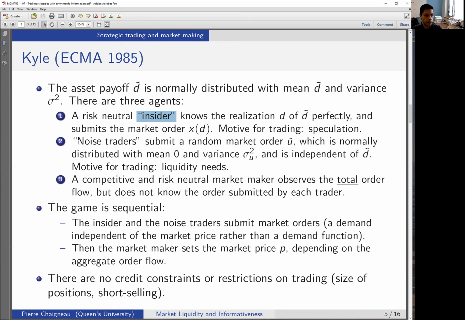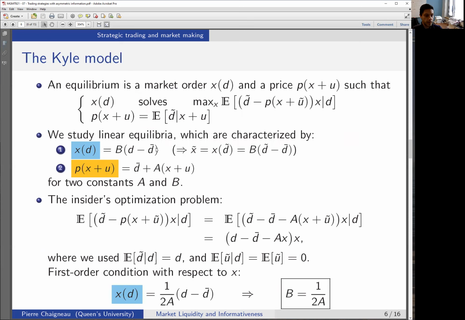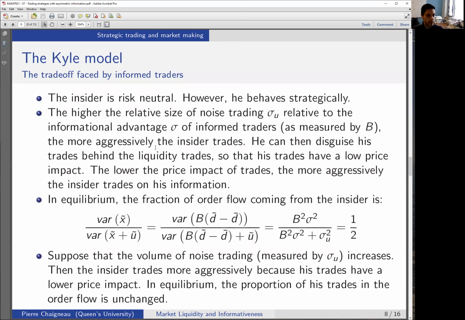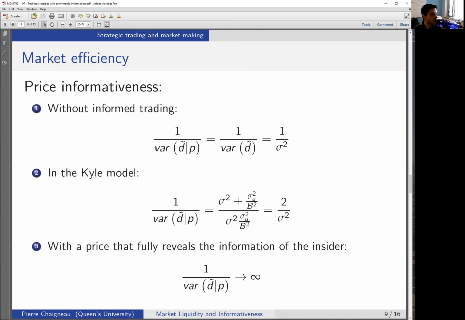Okay, so the only trades are based on noise. They are not informative. In this case, with the variance of d tilde conditional on P, well, market prices are not informative at all. So this would simply be equal to the variance of d tilde, which is sigma square.